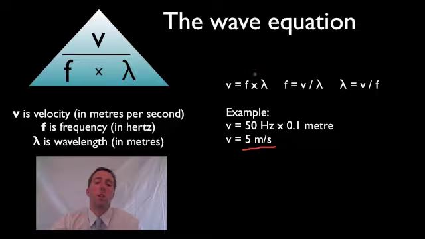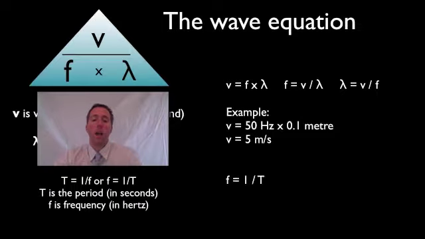And you can see how you can use any one of these equations up here to calculate either the velocity or the frequency or the wavelength. A quick example: if we haven't been given the frequency, only the period, we can use this other equation here.